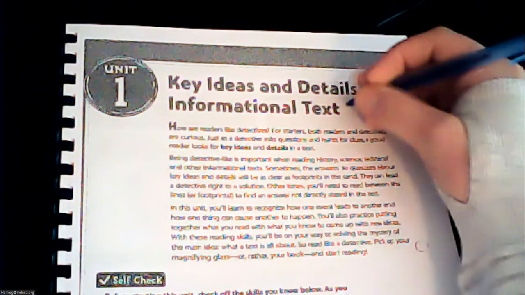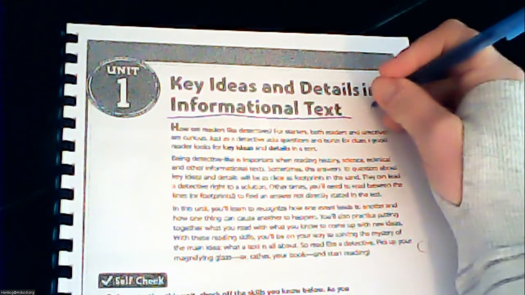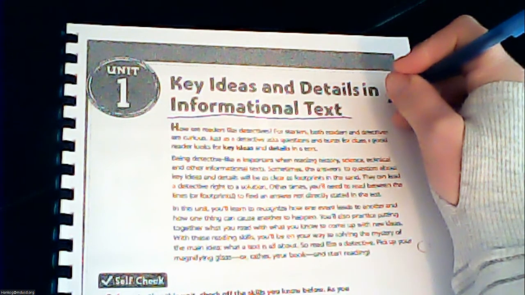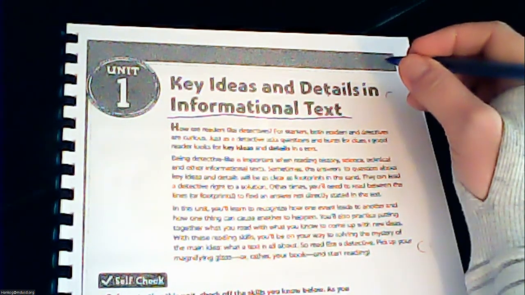In the title, I do recognize informational text because we just talked about that. I want to think about anything I know about the words key ideas and details. Have I heard this before? Maybe in 3rd grade, maybe so far in 4th grade. Anything I remember, I'm going to write down on the side, or I'll circle or underline anything I find important.